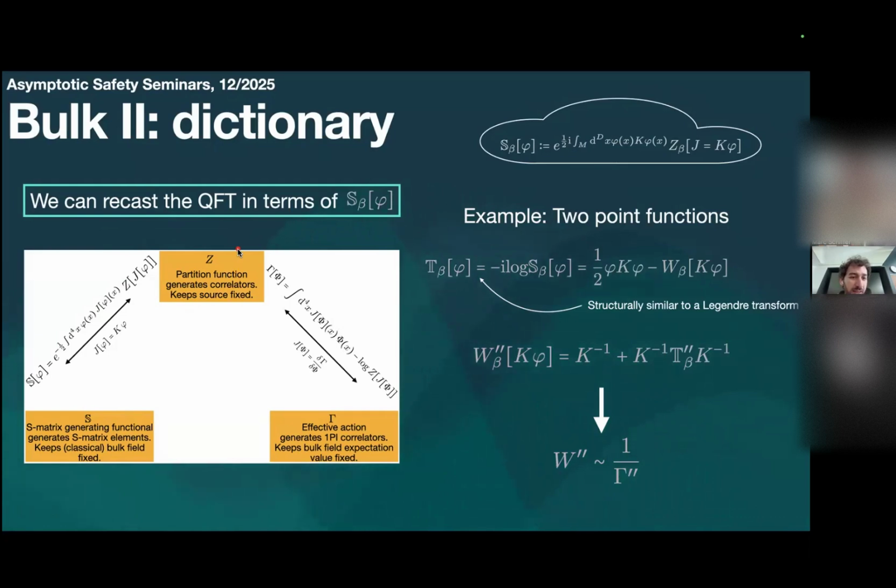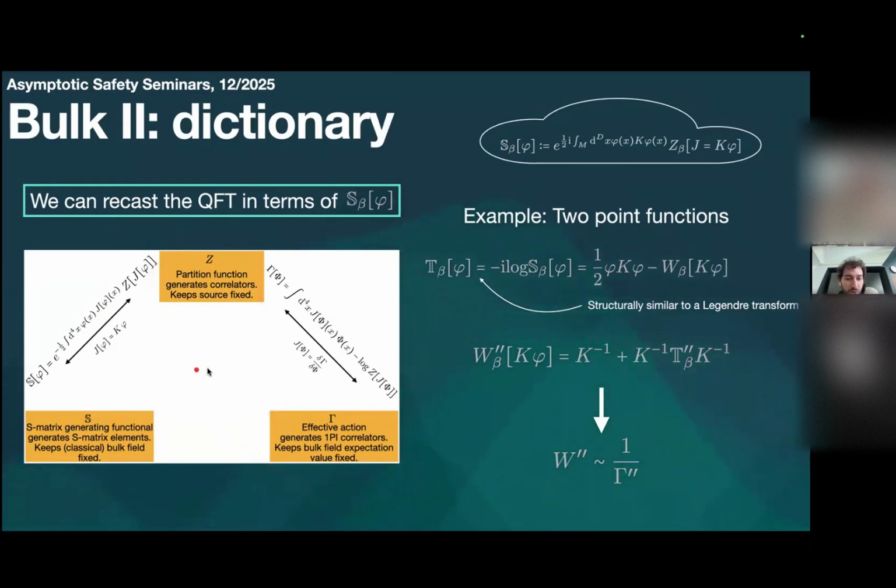The point of view that we take is that different functionals serve different purposes. If I want to compute correlation functions, or say something like critical exponents, maybe working in terms of Z or the Schwinger functional is the right thing to do. If I want to compute something like running of couplings, perhaps using the effective action is the right thing to do.